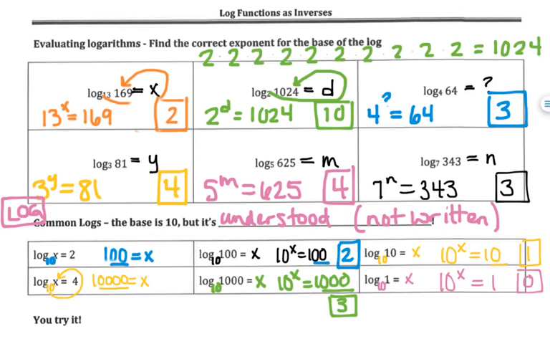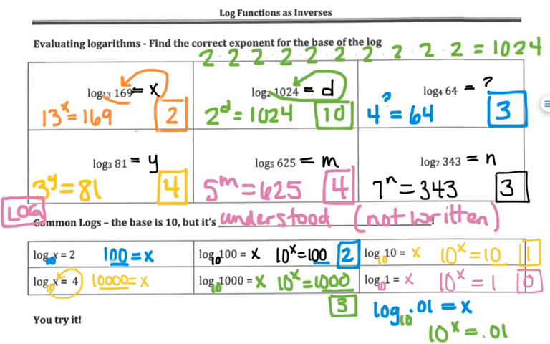Now, what would happen if we had log of base 10 of 0.01 equals x? What would x be then? Well, here our understood base is still 10, so I've got 10 raised to what exponent equals 0.01. I can't just count the zeros here.